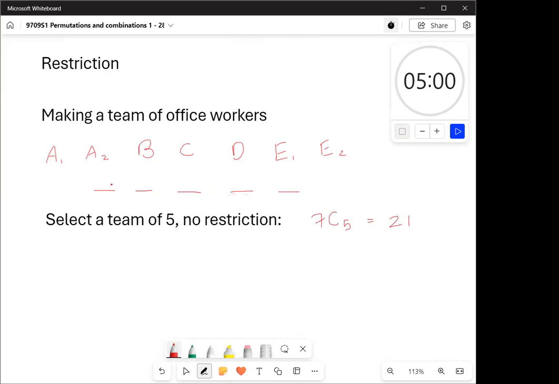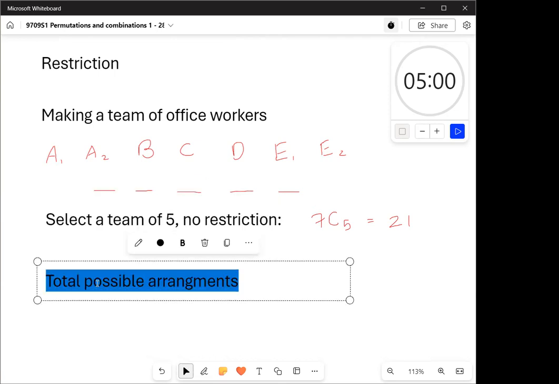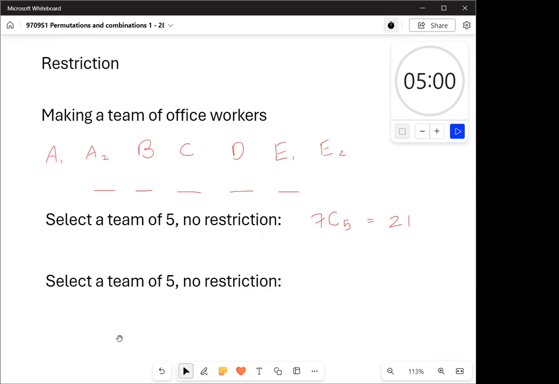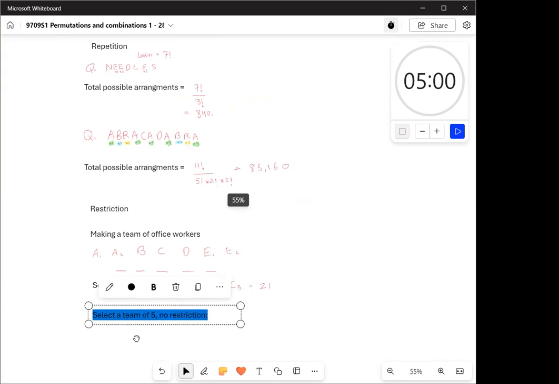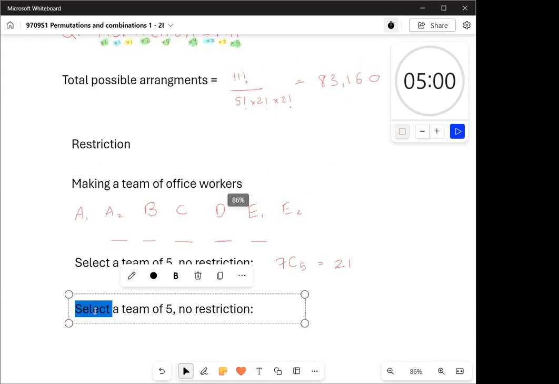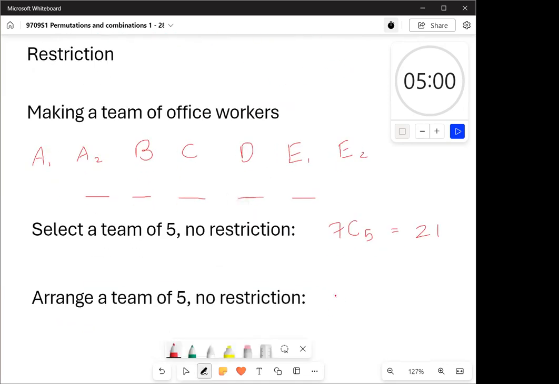Now I am just going to place these people there. However, we'll go back to selections later. I keep forgetting that we're doing arrangements right now. So arrange a team of 5, no restriction.